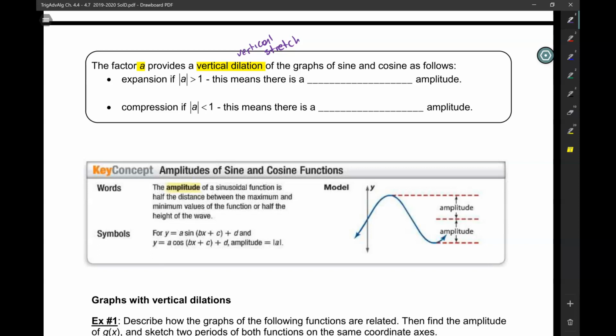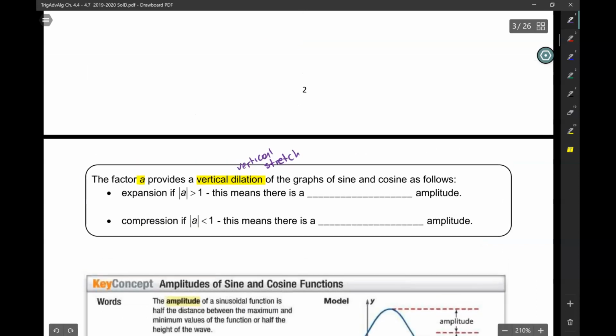Now, for those of you that are musically inclined, if you were playing an instrument and you hit a C and then you hit an F, both of those are waves. The C is a wave.